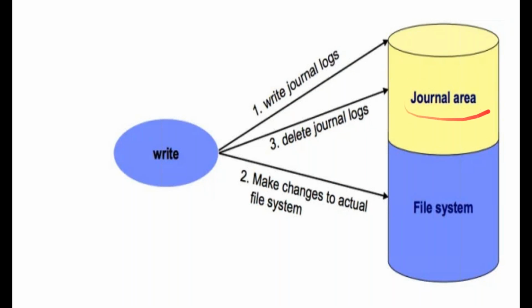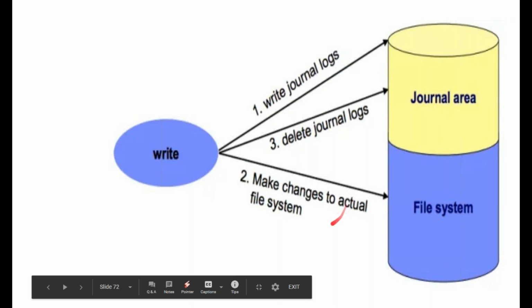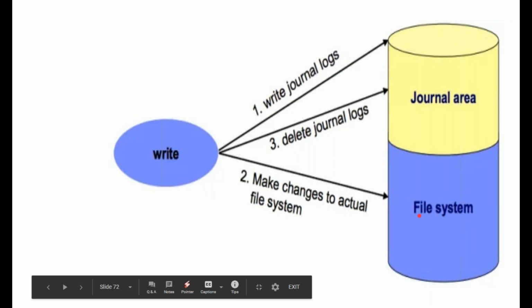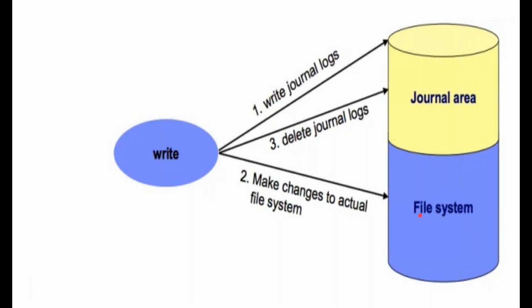So you first maintain a log, write everything that has to be corrected in your main file system, and then in one go you make the file system corrections, repairs or changes, and after that you delete that journal log.